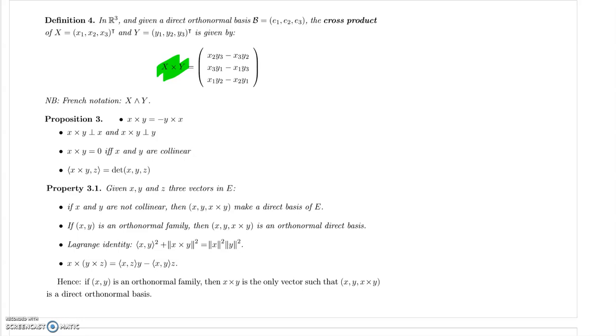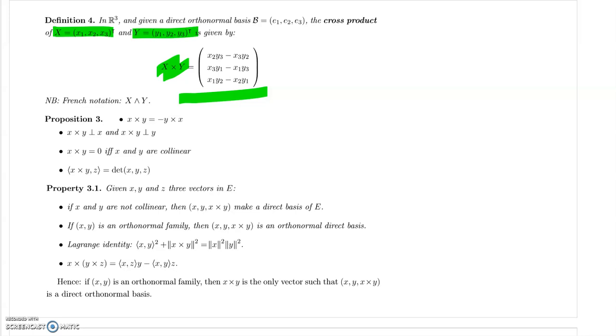And what's important is that when you are computing the cross product, given in R3, with some x and some y, this is how you compute it, and what you are creating is going to be a third vector that is orthogonal to those two.